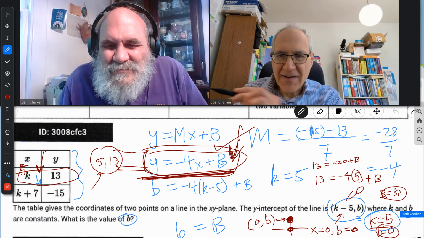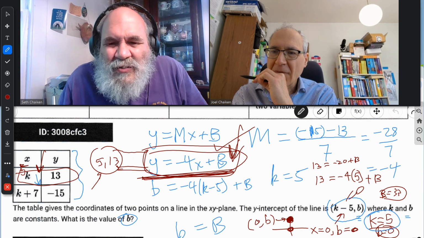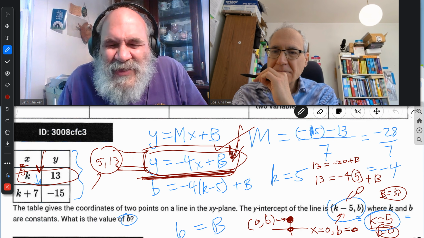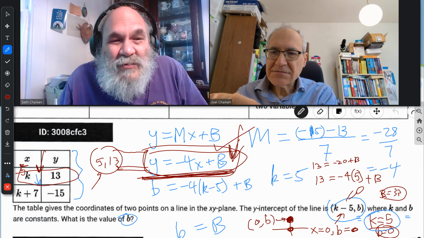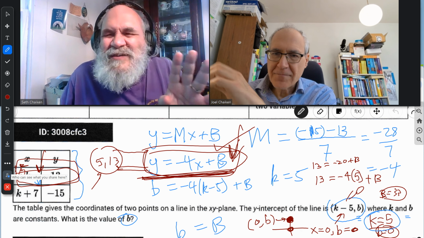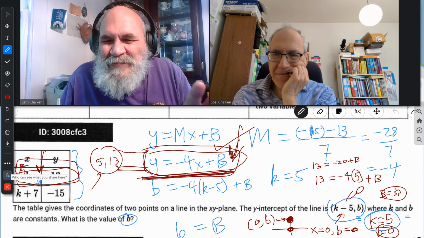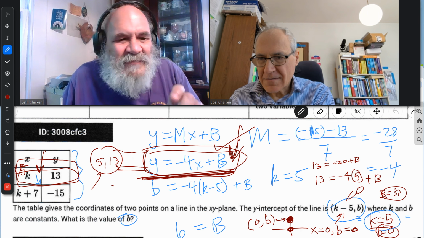K is equal to 5. Absolutely right. Good. So we know that k equals 5.